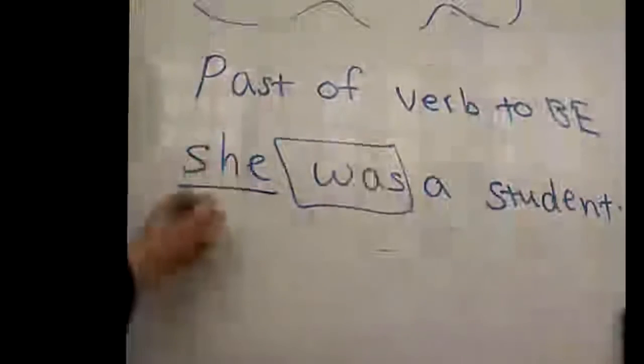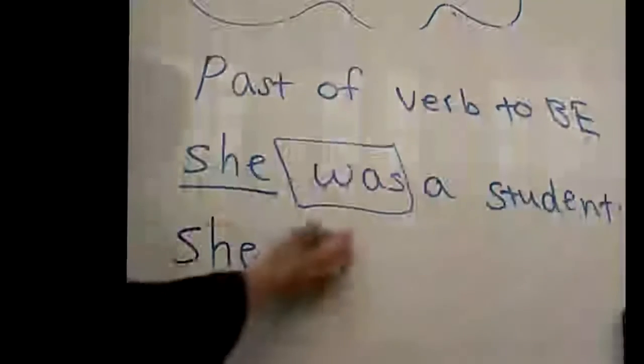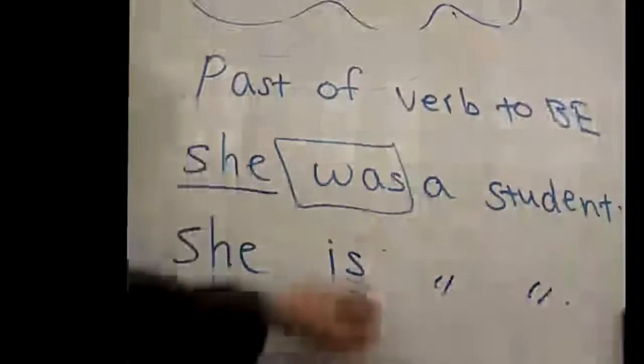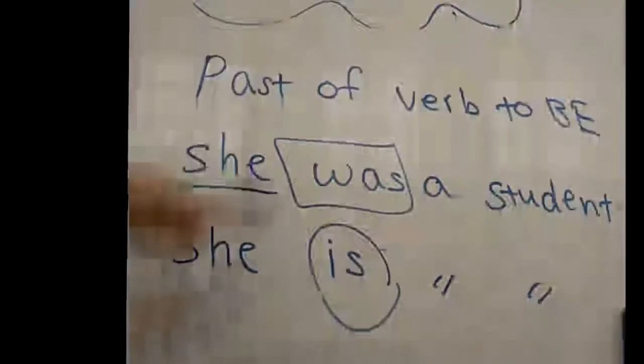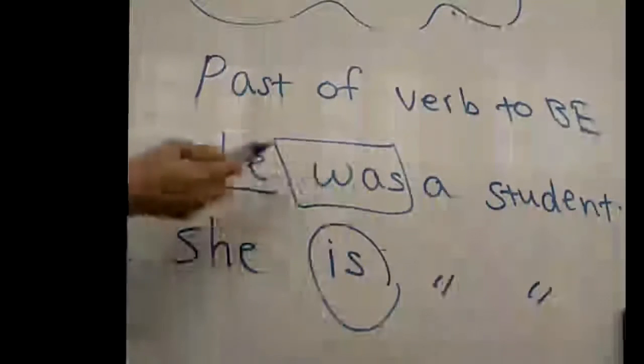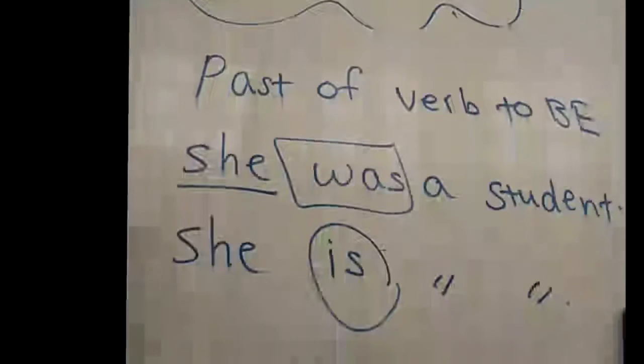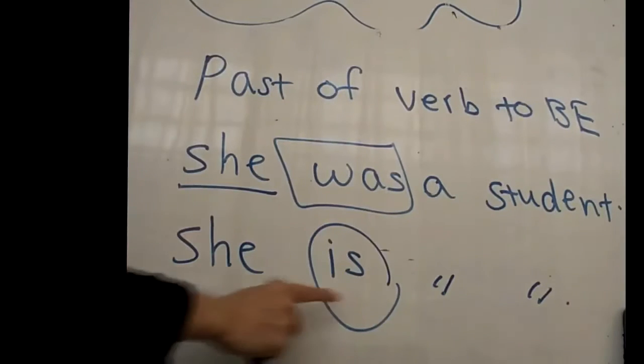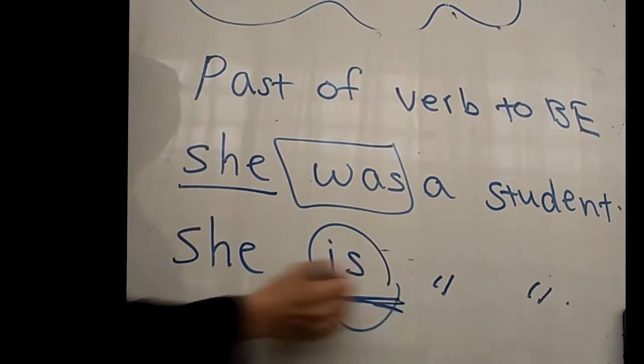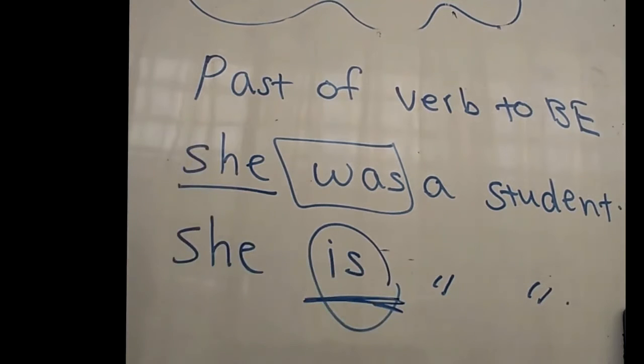But if you look at this one, we have here she is a student. So do you see the difference now? The first one, she was, is finished. But she is means it is still going on. So you have to be very careful on this.